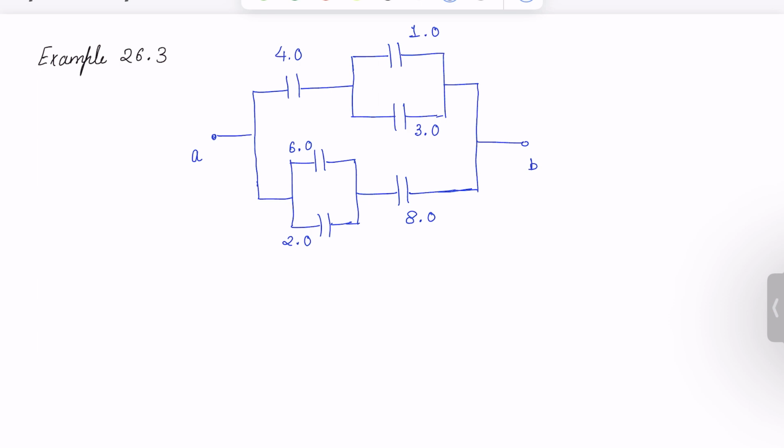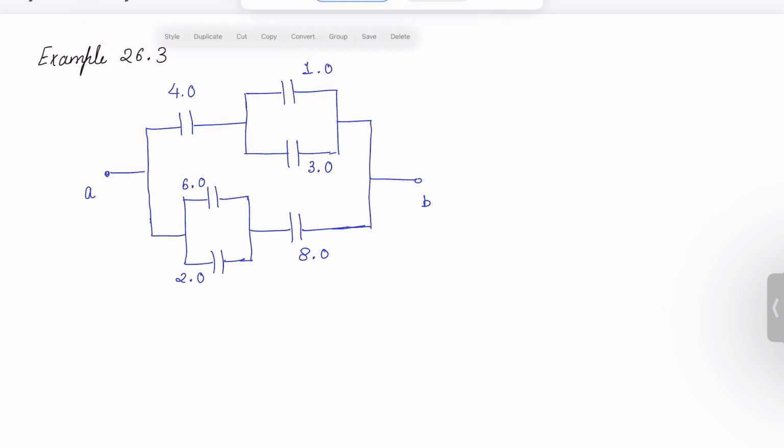So what we are really looking for is the same circuit where you can replace all these capacitances by one capacitor with C equivalent as its capacitance.